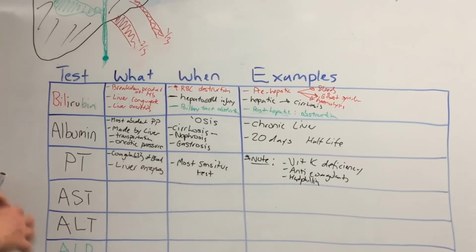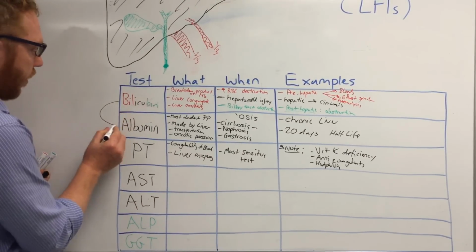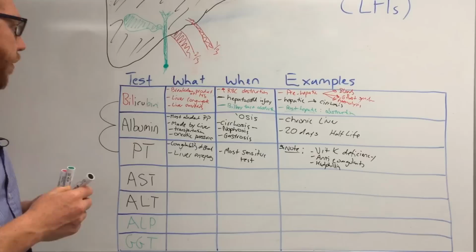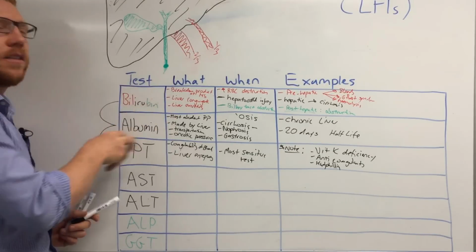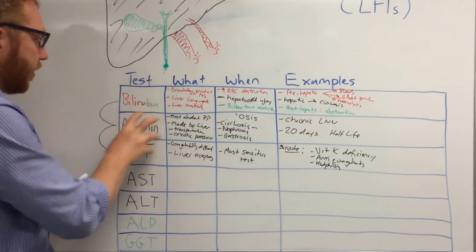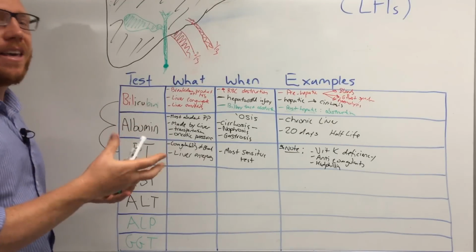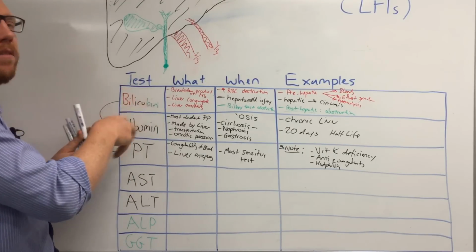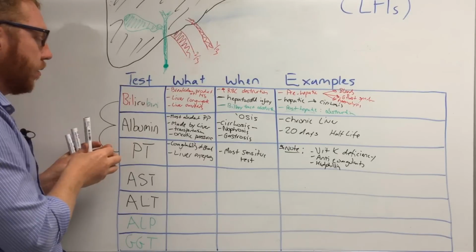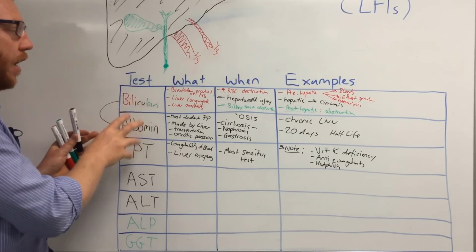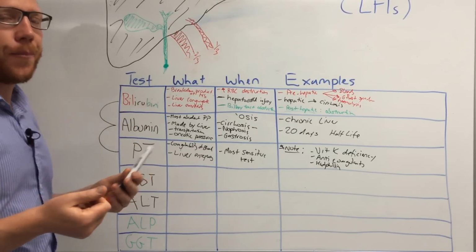Okay. Now, it's important to note that these three tests that we've just done are all about the liver synthesizing things. So these are specific to the liver making, creating or modifying things, and that will give you a good indication of the functionality of the liver.